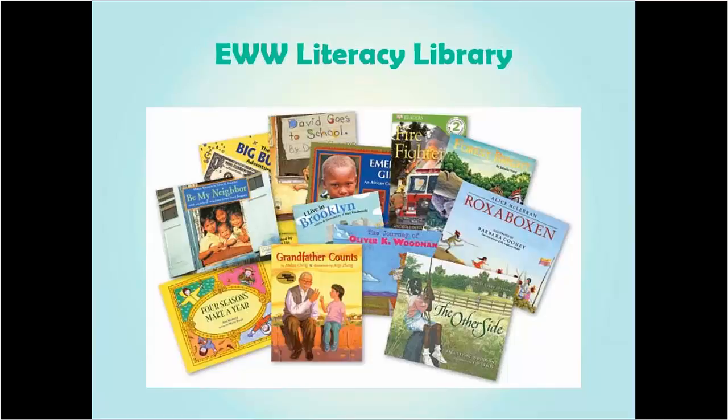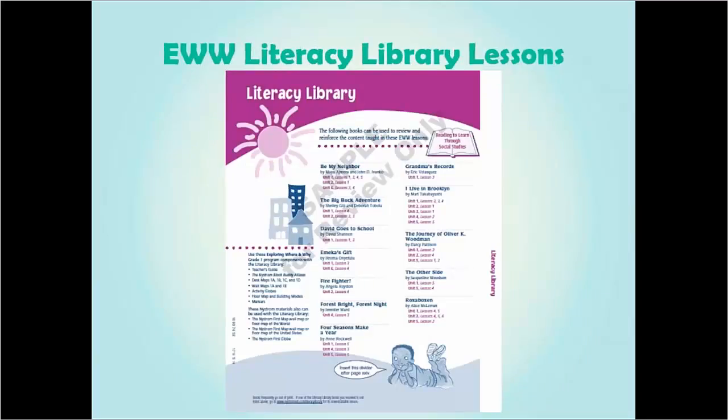Now, how did I know that? Well, I'm going to show you a neat little, I call it a cheat sheet. Here is our EWW Literacy Library lessons. You receive a book that comes with your literacy library. This little page here in the front is a guide that shows each one of your books in the literacy library.